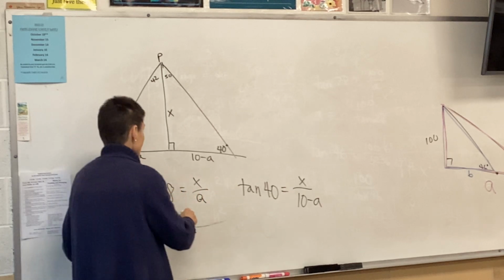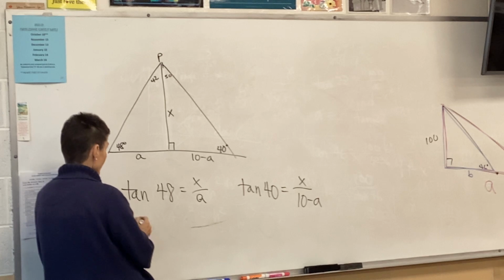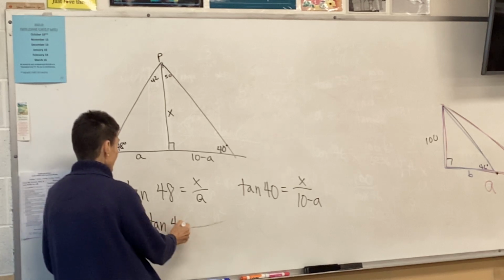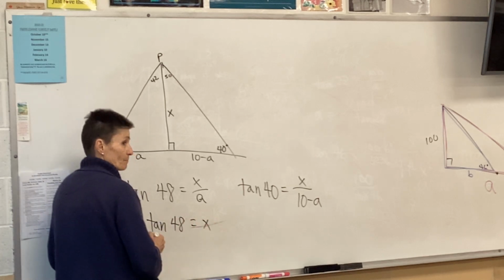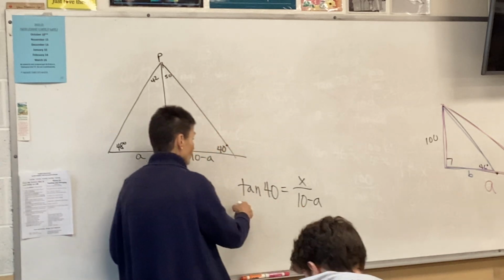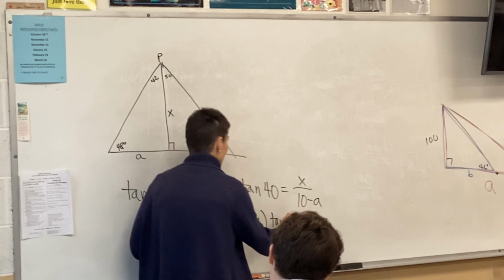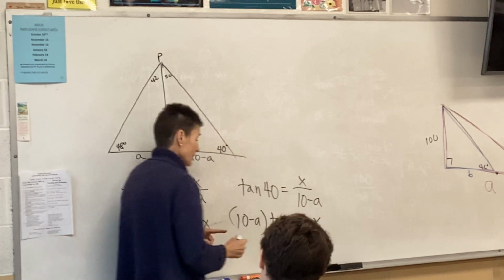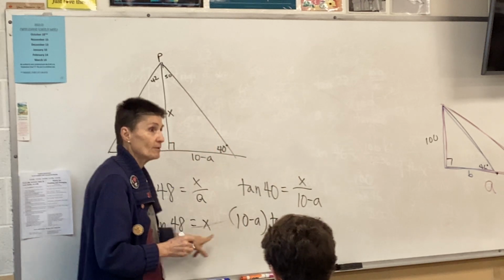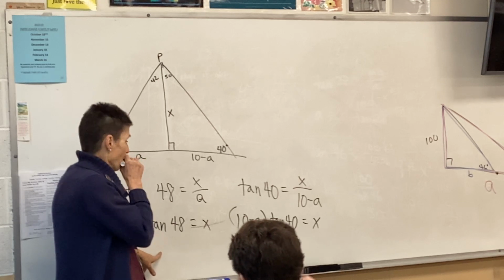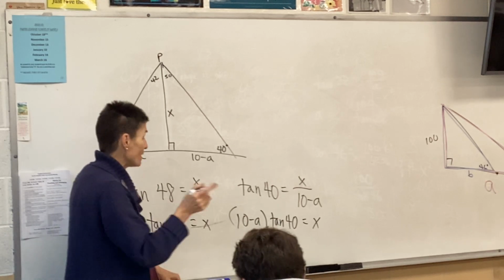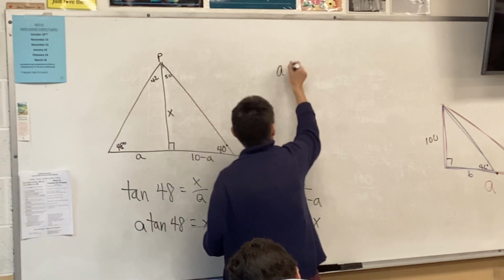So I want you to notice something. If I multiply this over here, A tan 48 equals X, and I did the same thing over here, 10 minus A tan 40 equals X. Can I set these two things equal to each other? And then, guys, we only have one variable.